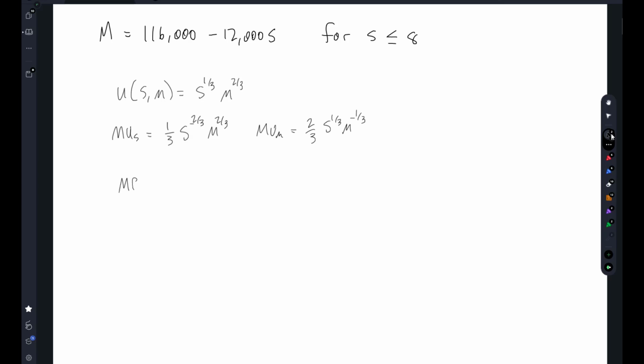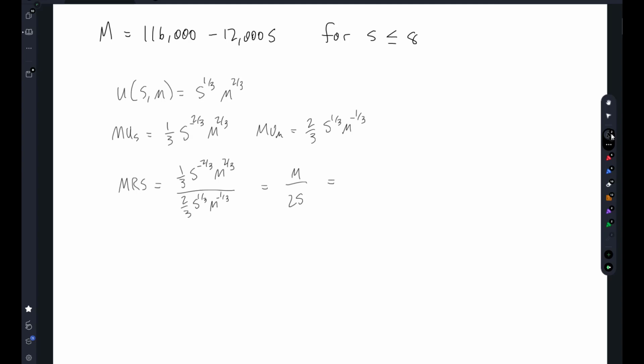Our marginal rate of substitution is going to be the ratio of these two, which simplifies down to M over 2S. This part has not changed from our previous example. We're going to set that equal to our price ratio.